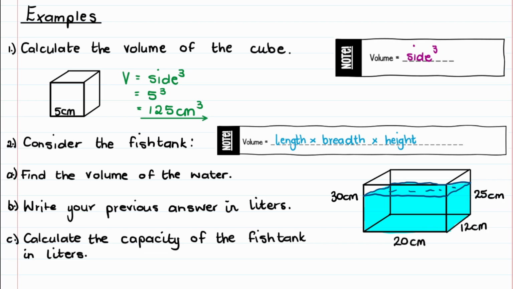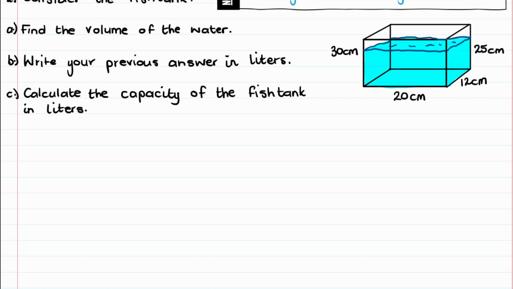In question 2, we've been given a picture of a fish tank, and we're also given the note that says to find the volume of a rectangular prism, we need to say length times breadth times height. Our first question wants us to find the volume of the water in the fish tank.